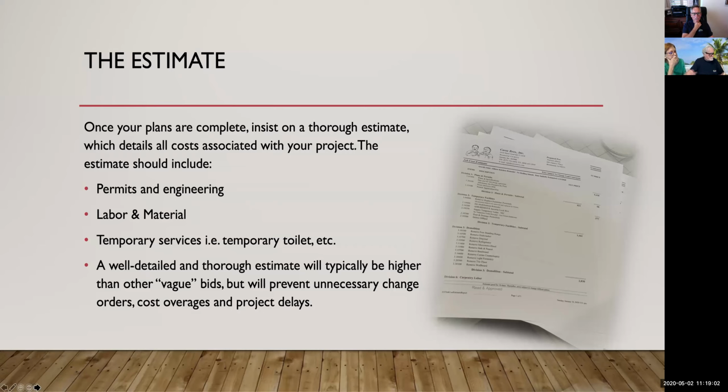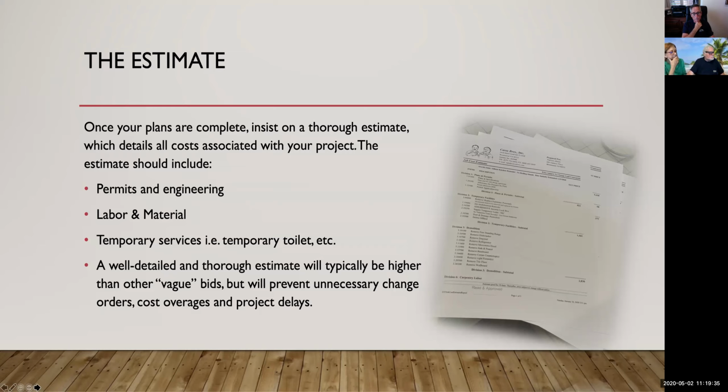The estimate has to detail all costs associated with your project, such as permits and engineering, all labor and material, any temporary services like a temporary toilet, temporary fencing, whatever. A well-detailed and thorough estimate will typically be higher than other vague bids lacking detail.